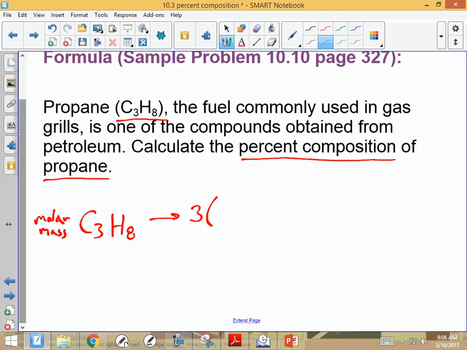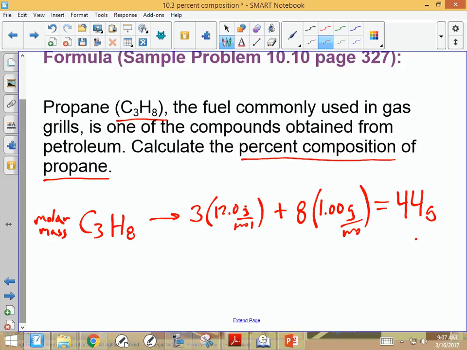3 times the molar mass of carbon, which is 12.0 grams per mole, plus the molar mass of the hydrogens in this compound, which is, there are 8 hydrogens, and the molar mass is 1.00 grams per mole, for a total molar mass of 36 plus 8 is 44 grams per mole of C3H8.